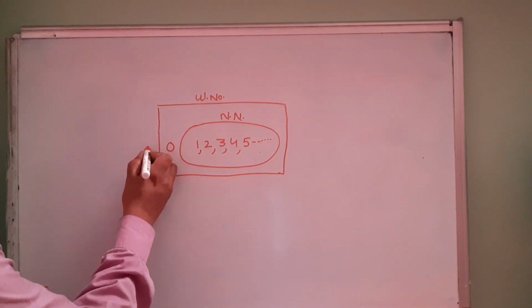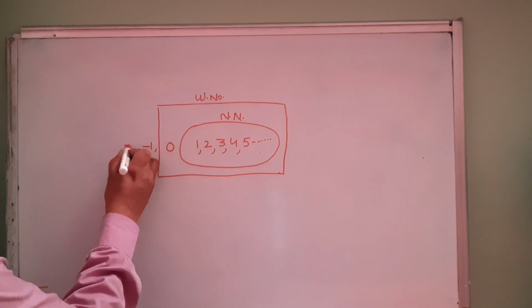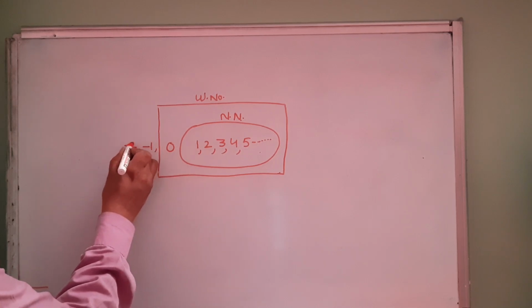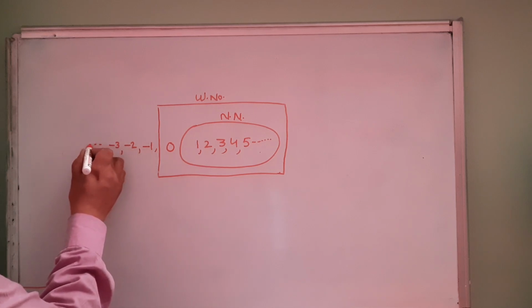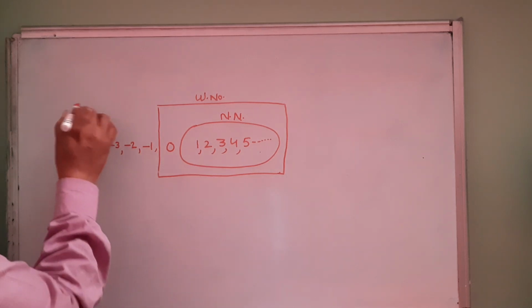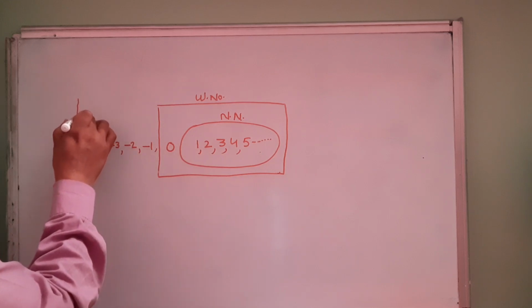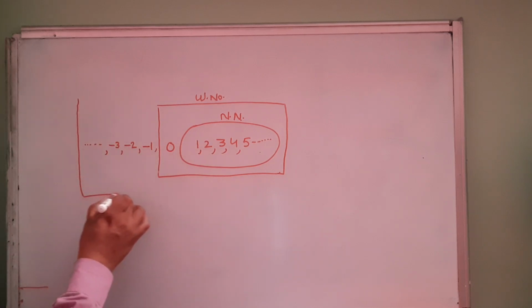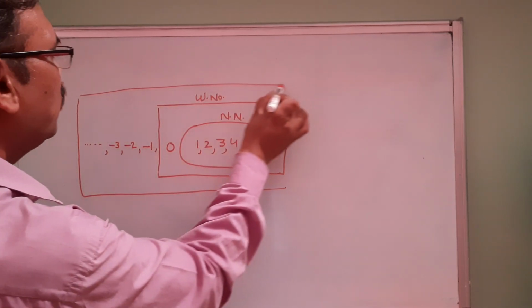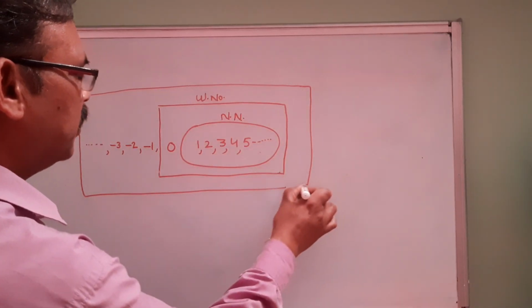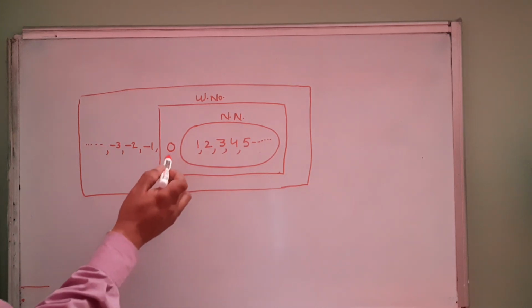Now there are some negative numbers also. If you put here negative numbers like -1, -2, -3, and so on, and you put all these numbers in another box like this, then you have a box which is containing what?